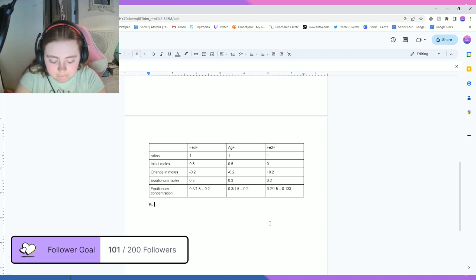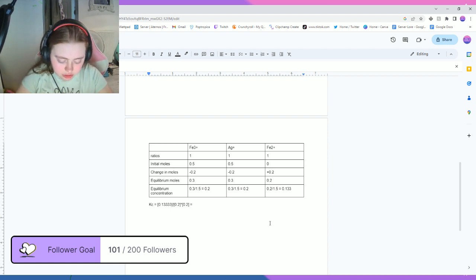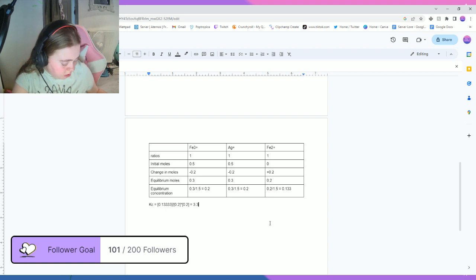So Kc equals 0.13. I need to put square brackets instead of those curly brackets. The recurring 0.13 is over 0.2 times 0.2. So it's basically 0.2 squared on the bottom. So 0.2 times 0.2, there we go, which is 3.3 recurring.